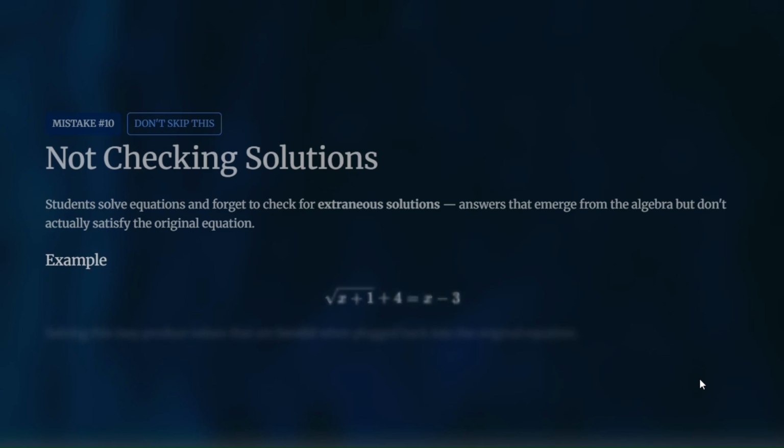For instance, if you're trying to solve the square root of (x plus 1) plus 4 is equal to x minus 3. Solving this may produce values that are invalid when plugged back into the original equation. So always plug answers back in. If the original equation breaks, that is division by 0 or negative under a square root, that solution is extraneous. So throw it out.